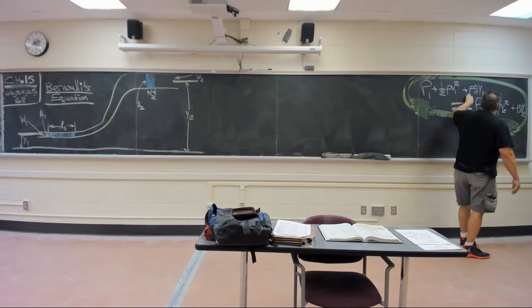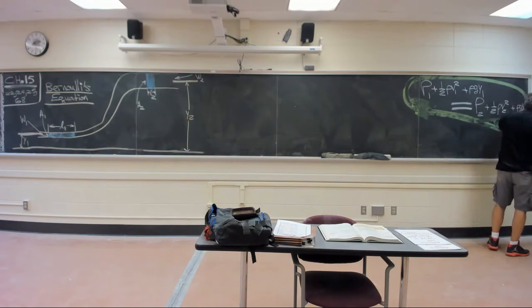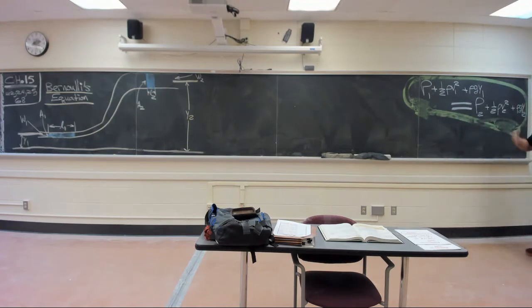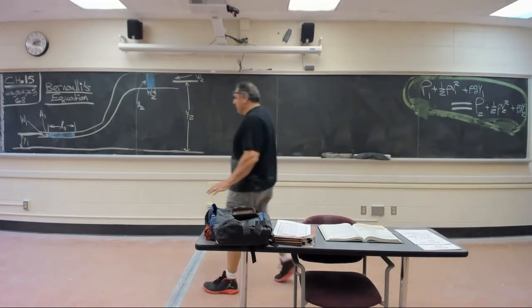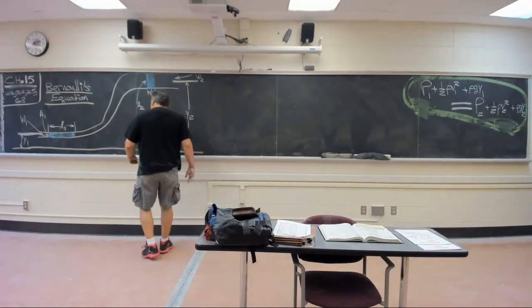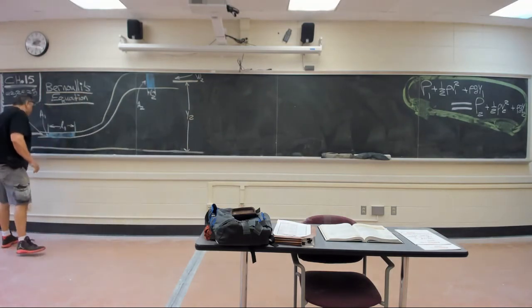M G Y1, that's like M G H1. M G Y2, that's like M G H2. There's something going on here. The P, where's that coming from? Well, very much can be said. Let's take a look at it.